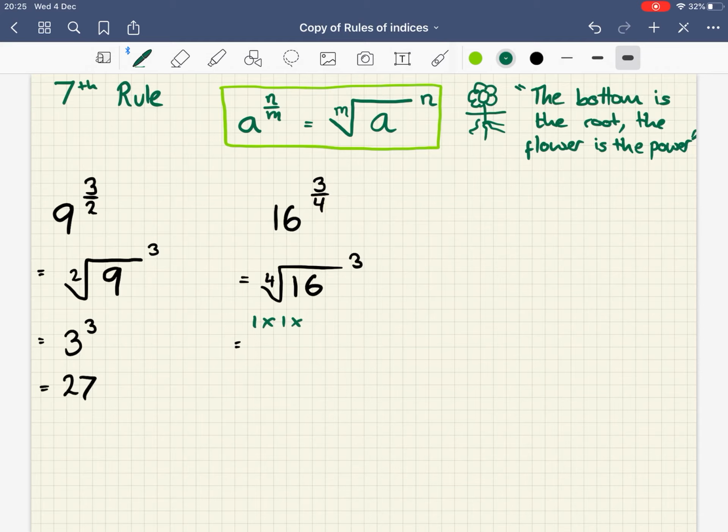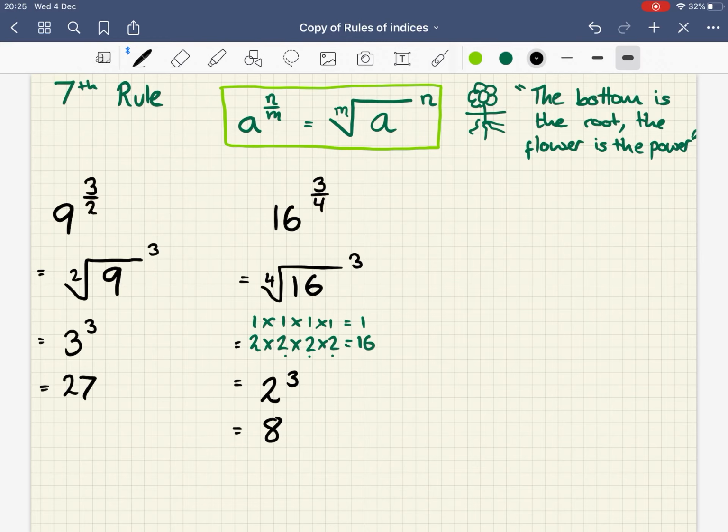Obviously, 1 times 1 times 1 times 1 isn't going to give us 16. And then I would go up to the next one. I think, right, what's 2 times 2 times 2 times 2? 2 times 2 gives me 4. Times it by 2 again is 8. Times that 2 again gives me 16. So that is going to work. And if that didn't work, then I would go to 3. And I would continue until I hit the number. So that's now going to be 2 to the power of 3, which is just 8.